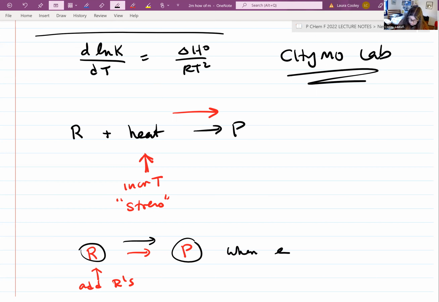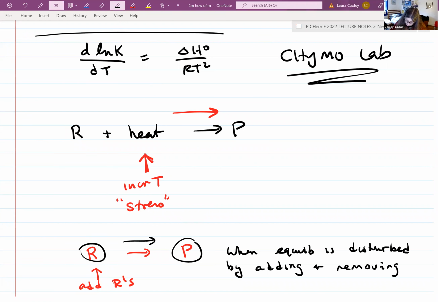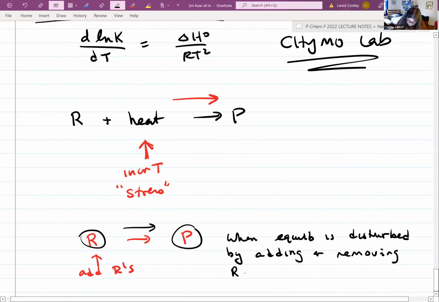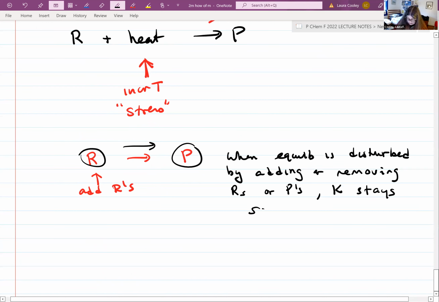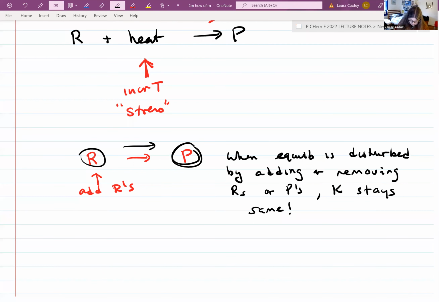So when an equilibrium is disturbed by adding or removing reactants or products, K stays the same. You will generate more products in this situation, but the K is the same.